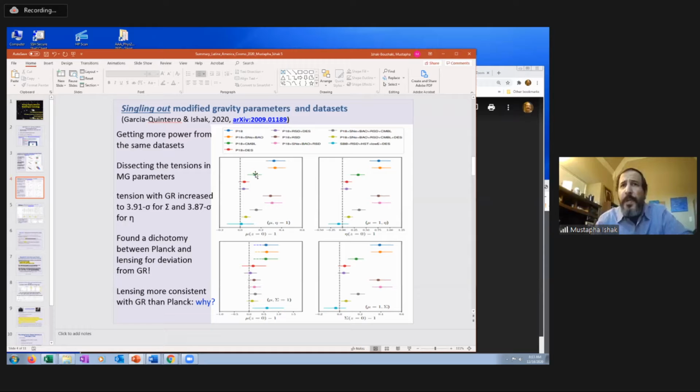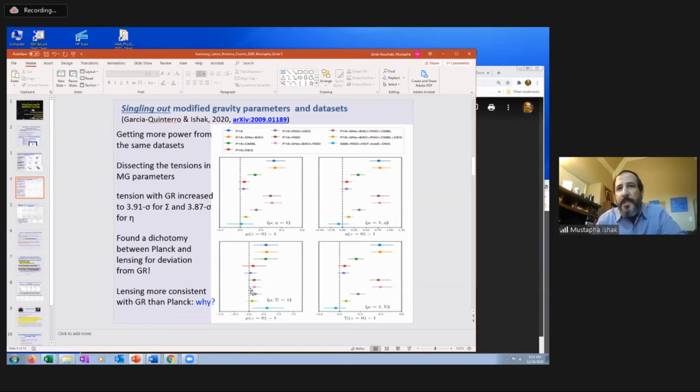If we add CMB lensing to it, we regain consistency to about 1.5 sigma, so negligible. If we add DES lensing data, then the tension goes away completely. So we do observe this dichotomy between Planck in tension with GR, and then if we put in lensing, GR is restored. Now, why is it so?